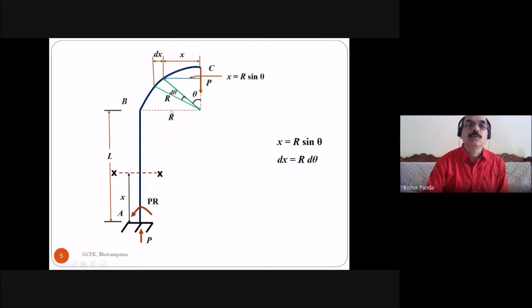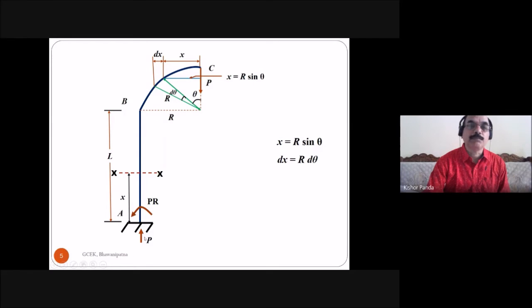P into the perpendicular distance. This is the downward force, so here you have to take one vertical force. When the force P is acting at C, due to that force you have to take the moment PR in the anti-clockwise direction, and a vertical force at the point A. Then the system becomes equilibrium.